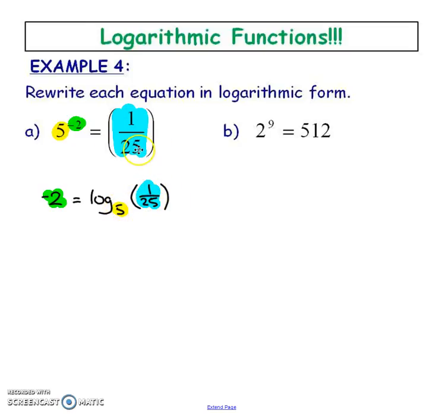See, your answer is right there. That should make sense, because 5 to the power of -2 is equal to 1 over 25. Let's try again. Color all of your different pieces. The exponent is equal to log of your base and then your answer.